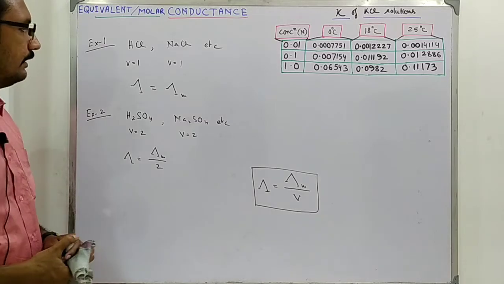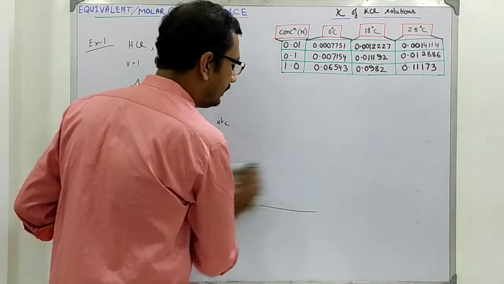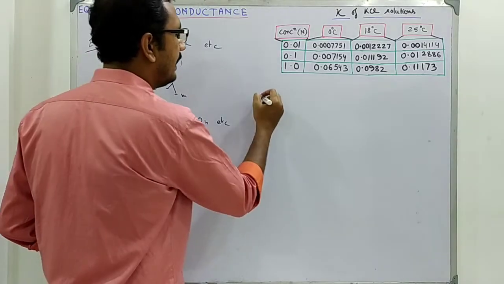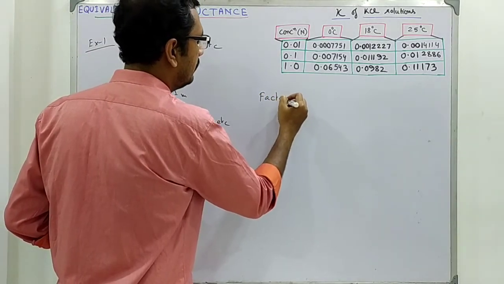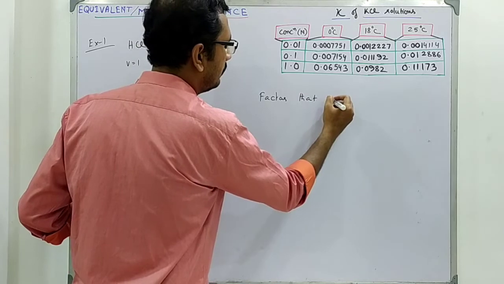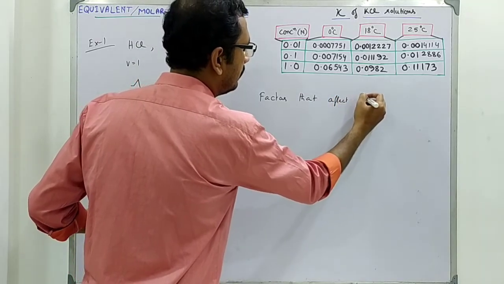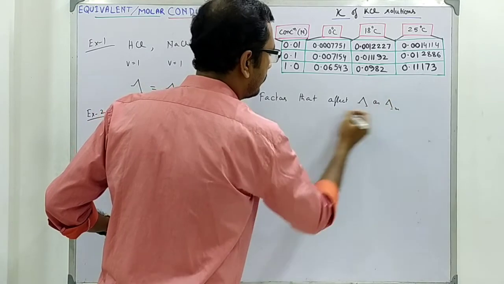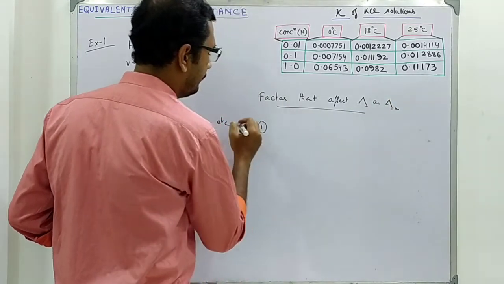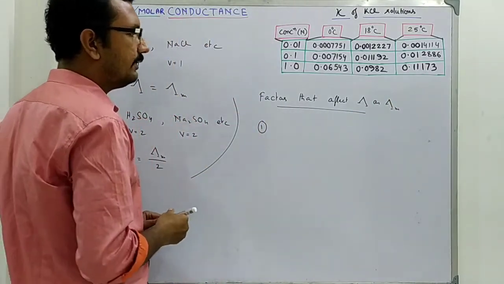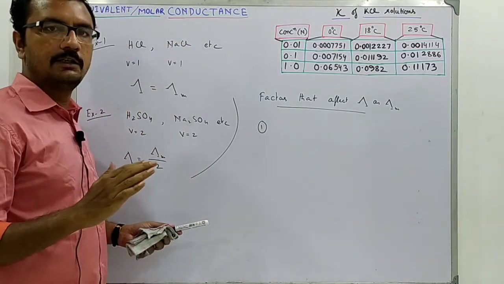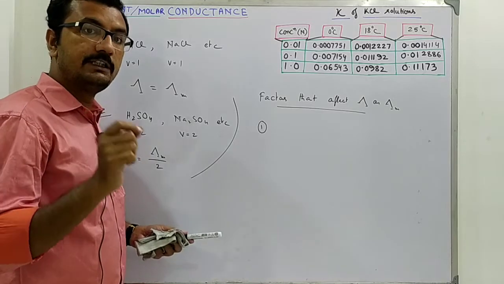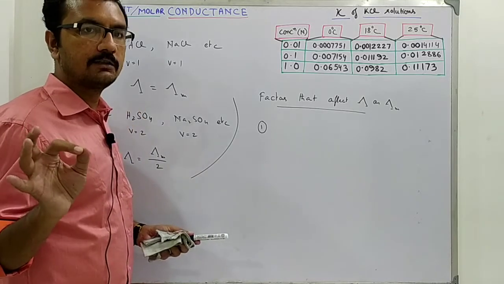Okay. Now, what are the factors that affect equivalent conductance or molar conductance? It will be same as before, that is same as of specific conductance, but only the fourth point will not be there.